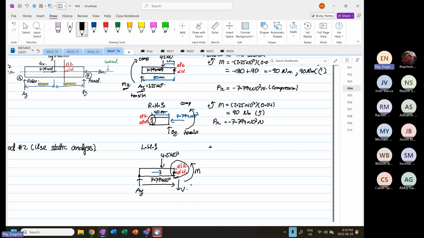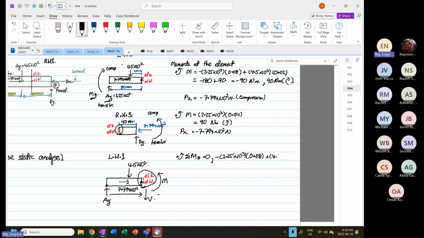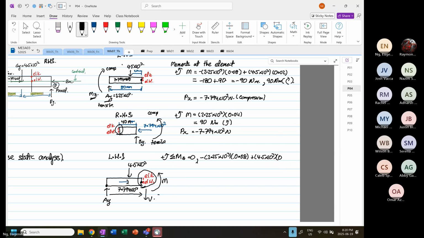we are going to say that summation of moment about Z is equal to 0. So we have AY is equal to minus 2.25 times 10 to the power 3 multiplied by a distance of 0.08. Then the next one is plus 4.5 times 10 to the power 3 multiplied by a distance of 0.02. We are taking this moment at this dot over here.